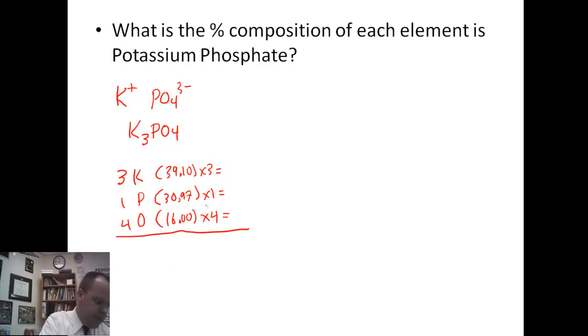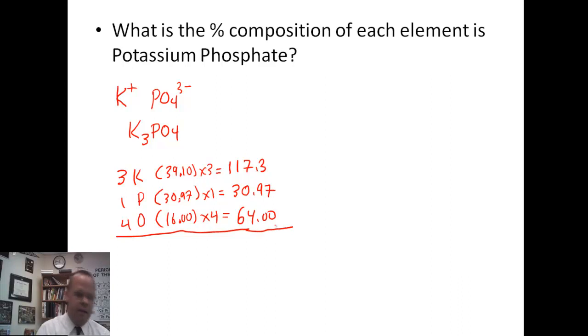So multiply these out. I get 117.3 here. And I get 64 grams for oxygen. 1 of these, so we're not going to change this number at all.